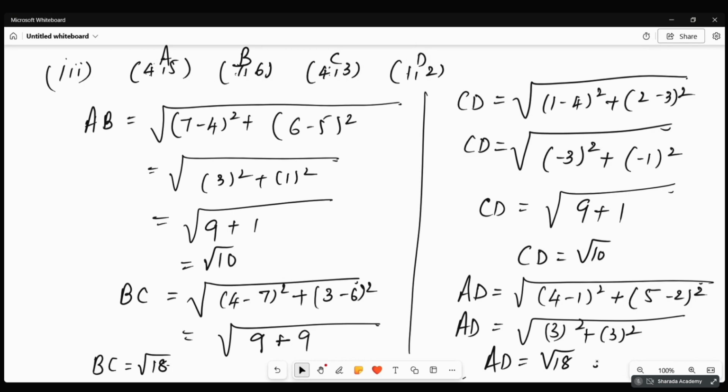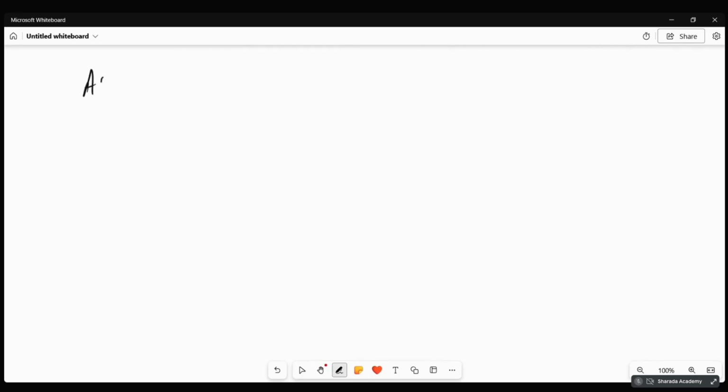Fine, now AB, BC, CD, AD you have calculated. We got opposite sides equal. Now find the diagonals, AC and BD. Calculate AC and BD. How much will you get? 4 minus 4 is 0, 3 minus 5, 2 square, that is 2 you will get. What about BD? 6 square plus 4 square, root 52.